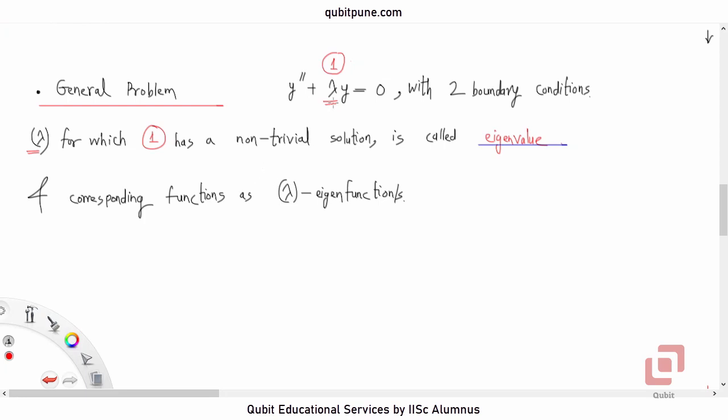I mean, you can dig deeper, but this will give you the whole essence of what they mean by an eigenvalue problem. So y double prime plus lambda y equal to 0, two boundary conditions, determining those values of lambda, if they exist, for which this has a non-trivial solution, we will call those values eigenvalues, and the corresponding functions, the general solutions, will be called the lambda eigenfunctions.